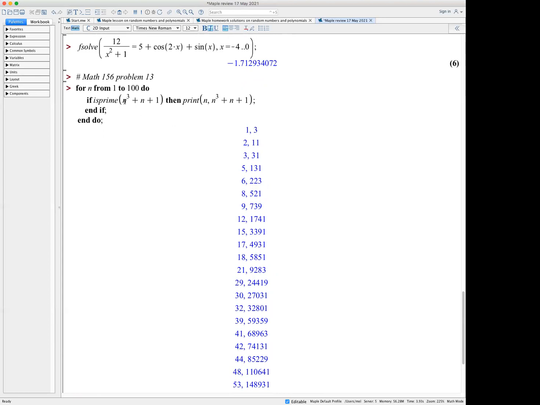When n is 4, 4 cubed is 64, plus 4 is 68, plus 1, 69. Well, 69 is not a prime. It's 3 times 23. So 4 doesn't occur here. But there are quite a few primes of this form.